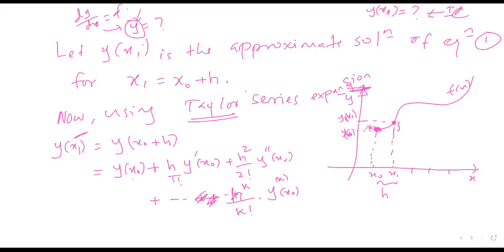This is our kth term. Give me a second, I can write nicely. So this is my kth term. Again, it is continuous, so it is going up to infinity.